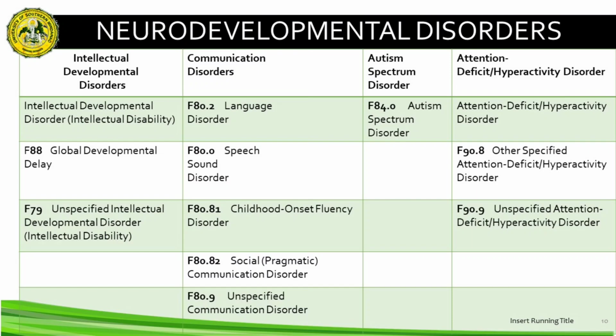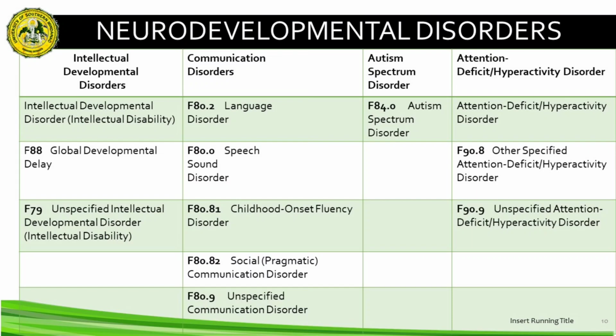And under naman sa communication disorders, you have the F80.2 or the language disorder, the F80.0 or the speech sound disorder, F80.81, the childhood onset fluency disorder, F80.82, the social pragmatic communication disorder, and F80.9, the unspecified communication disorder. And under naman sa autism spectrum disorder, we have the F84.0 or the autism spectrum disorder.